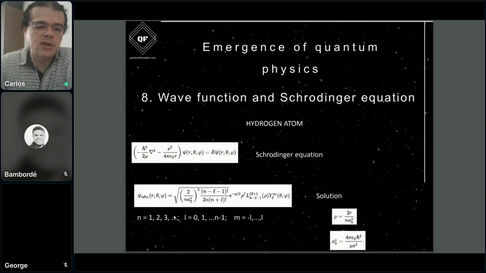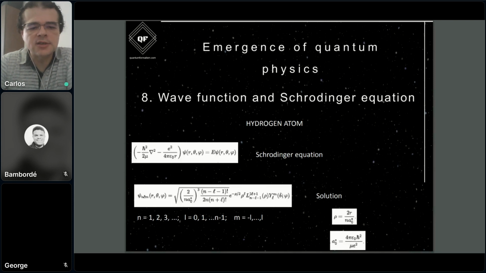So if n is 1, L is necessarily 0. n is called the principal quantum number, L is the azimuthal, and m is the magnetic, which varies from minus L to L. So if L is 0, m is necessarily 0. If L is 1, m varies as minus 1, 0, and 1. And this is the solution of this equation for the hydrogen atom problem.